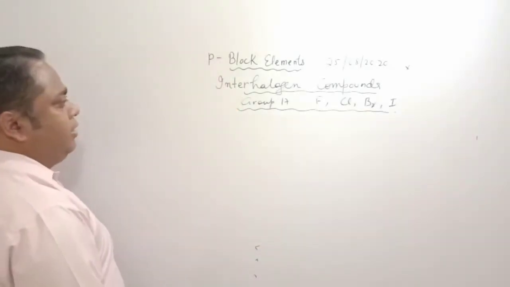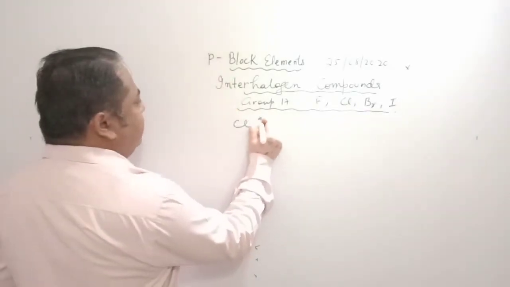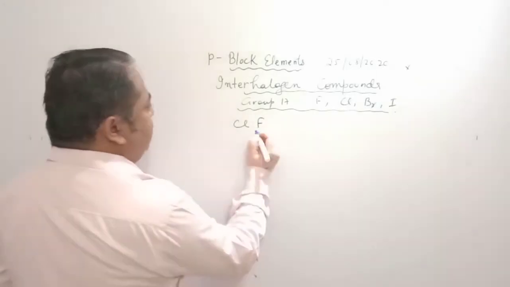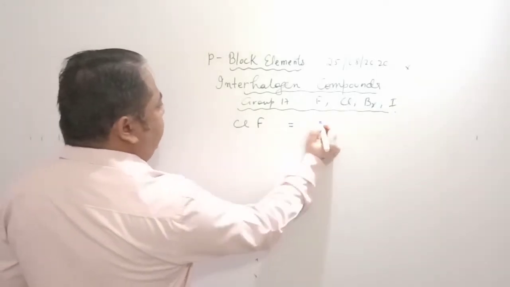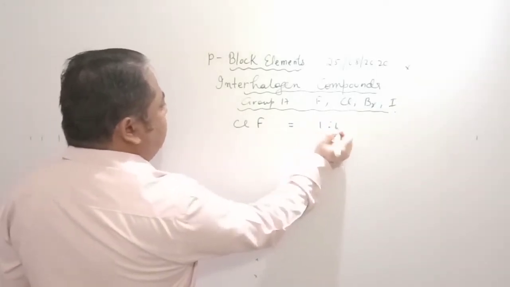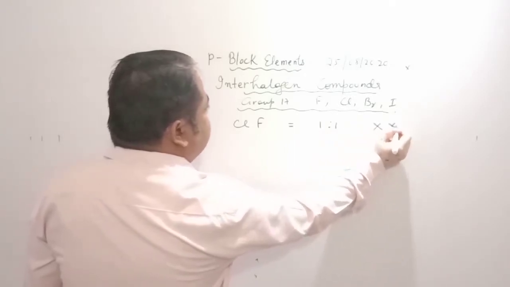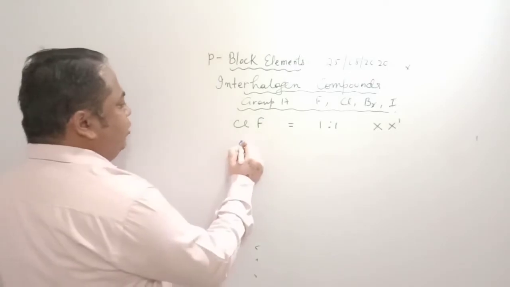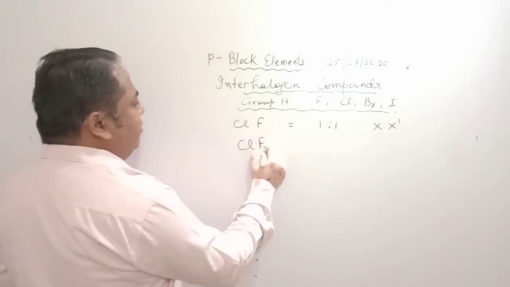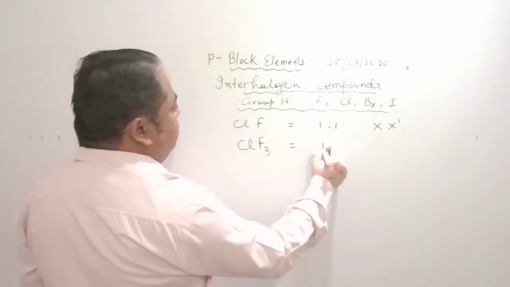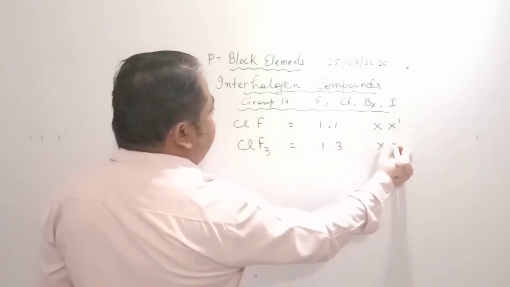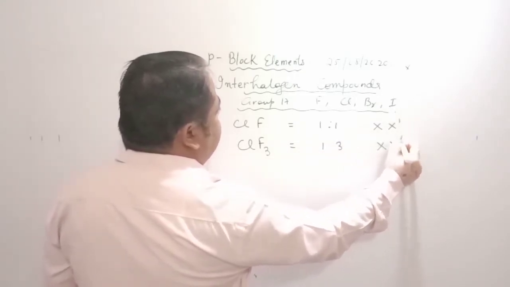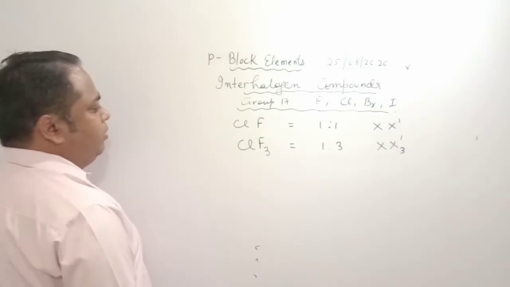Like ClF. What kind of compound is it forming? It is forming a compound in which the ratio is 1:1. So we can write it is XX' type of interhalogen compound. It can also form ClF3. So it is 1:3. So we can write it is XX'3 type of interhalogen compound.